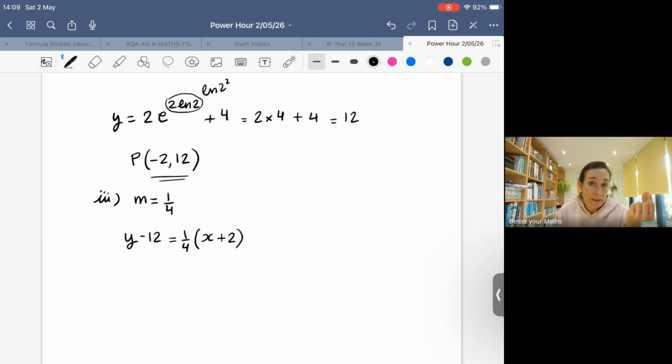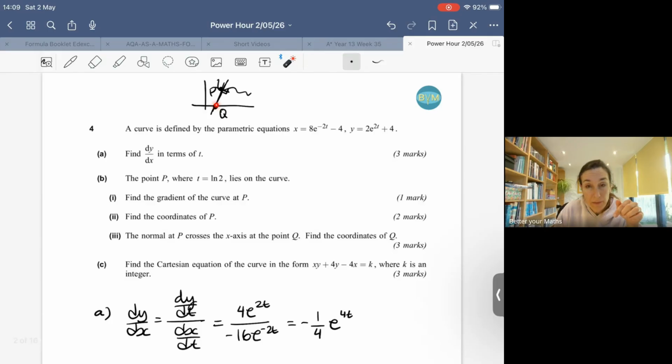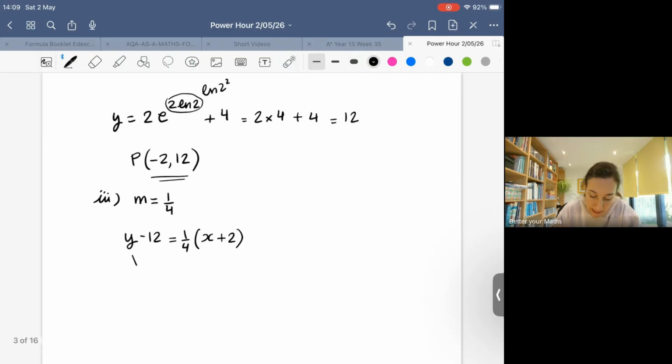We don't need to write it in any particular way. What we need to find is the point of intersection with the x-axis, that's Q. So we make y equal to 0. When we make y equal to 0, I'm just going to multiply by this 4 here. So -48 equals x plus 2.